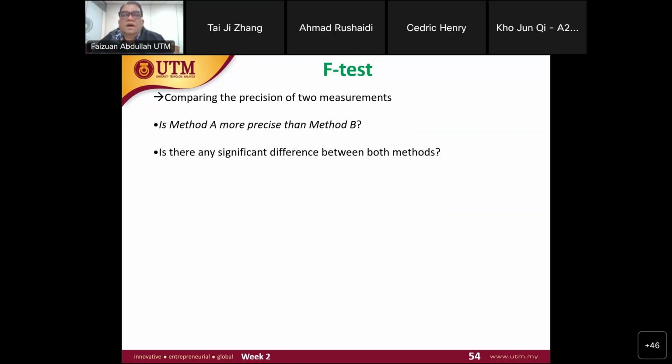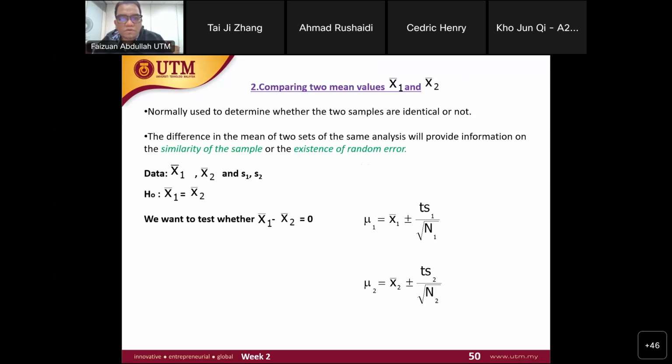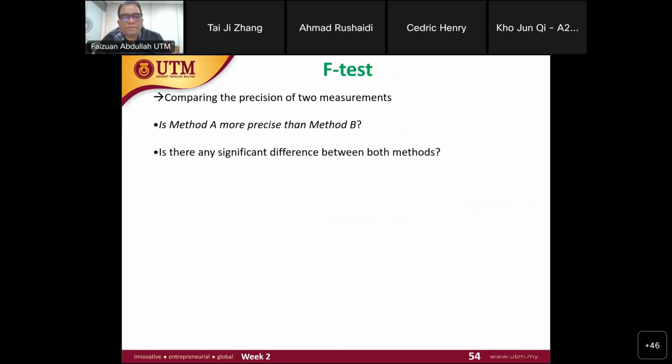Not to compare whether the result is identical or not; for that we use the t-test, to compare the identity of the means of 2 data sets. But the F-test is used to compare the precision of 2 measurements.